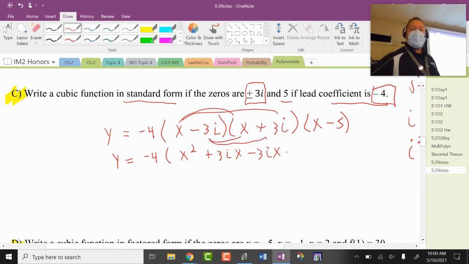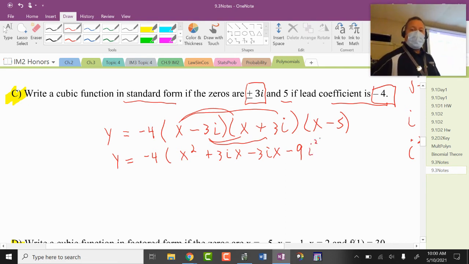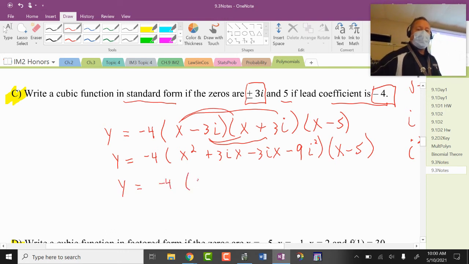Sorry, last hour I did -3 times 3 was 3 for some reason, but it's actually -9. i squared. What's i squared again, everybody? -1. What's -1 times -9? 9. So now this is -4 times x squared plus 9, and then x minus 5.